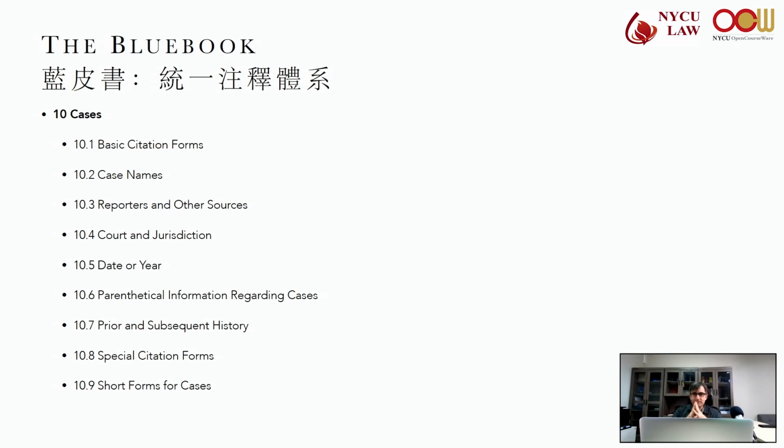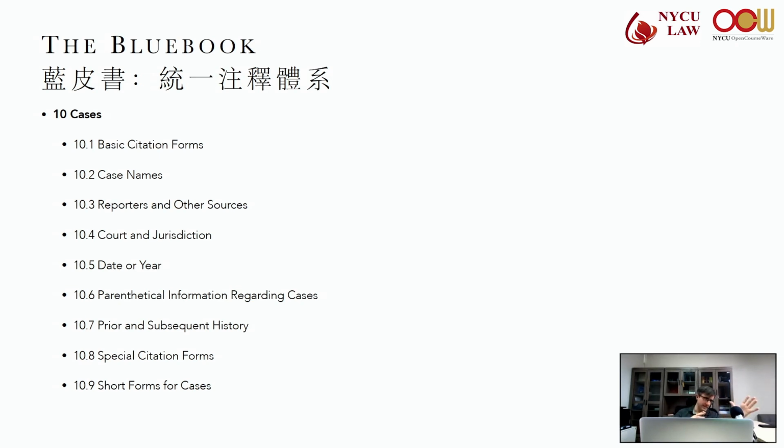Now, in B, there are two exceptions when using id as a short form for case citations. One, citation to the same case but to a different opinion. And two, citation to the same case where the case citation includes parallel authorities.